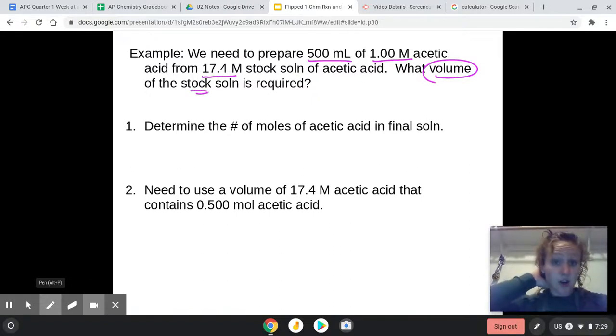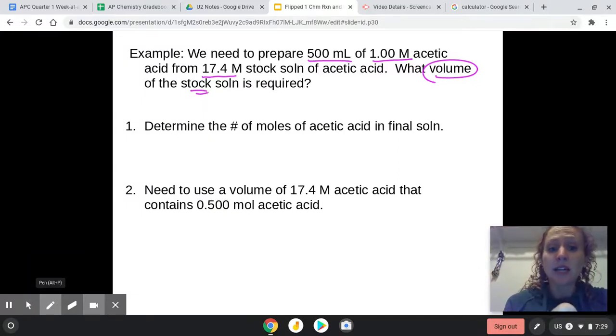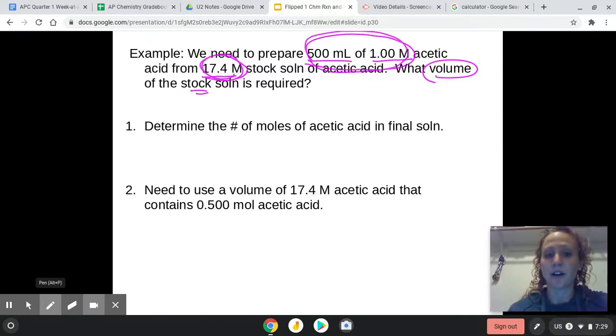Okay, so again, the crux of all of this is that the moles you take out of your stock solution are going to be the moles you put into your diluted solution, and then you add water. So we don't have the volume of the stock solution to get to moles of the stock solution, right? But we do have volume and molarity of our final solution, which we can get to moles there.